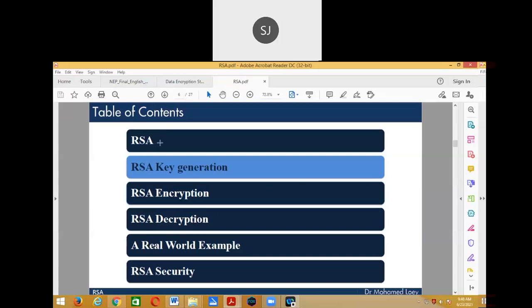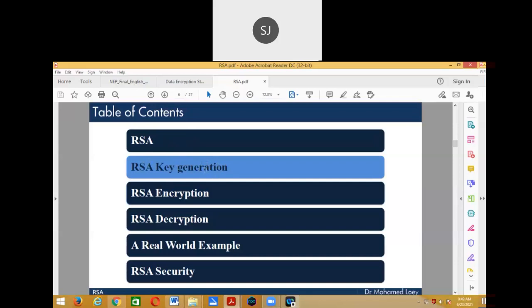Suppose a 64-bit key is broken, the key size is made 128-bit. Again they give a challenge, and if it is broken, they enhance the key size to maybe 256-bit. That's how the key size is always increased to make it more secure. The security of RSA lies in its key size.